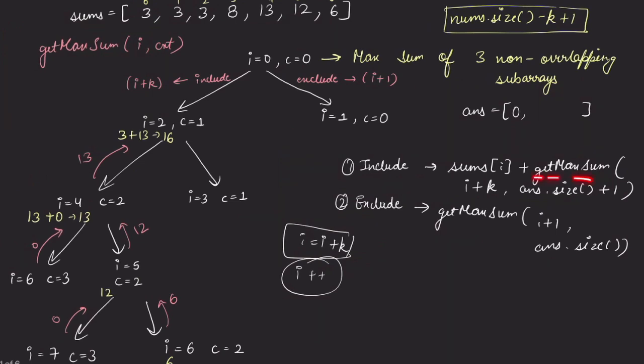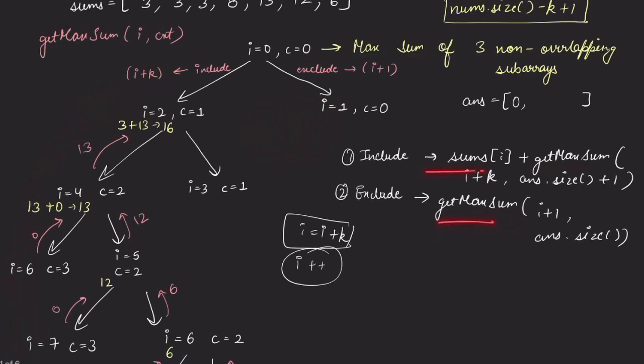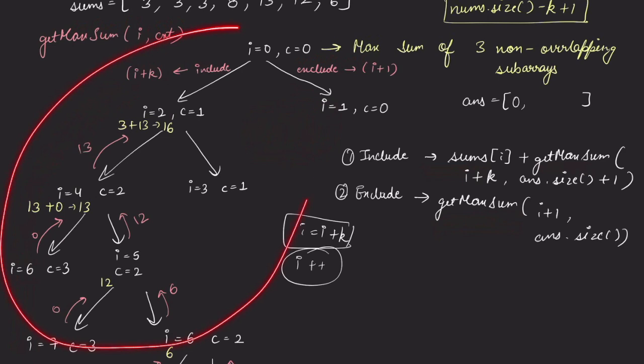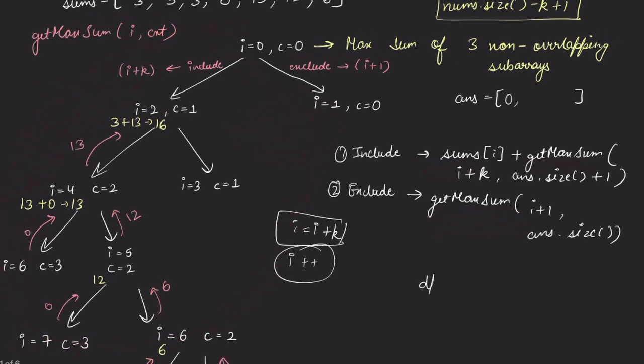So whenever this is called, it will not go all the way down and then come back. No, it will take the result from the 2D DP and return it to us. So it will be like a constant operation, so this won't be taking much time. Here in this recursion, we would be building our DP vector. And what was the size of our DP? It was n cross 4.